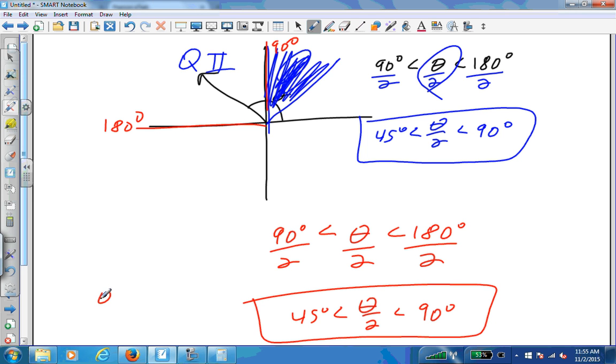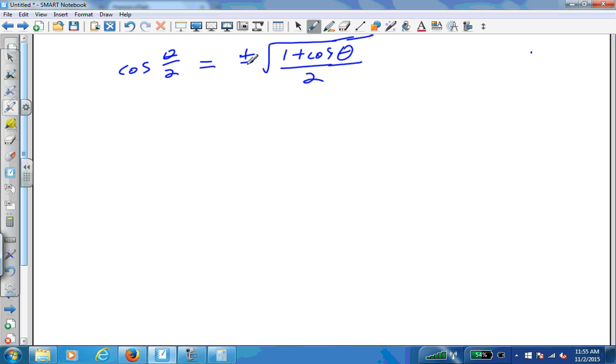What quadrant is theta over 2 going to be in? In which quadrant is 45 to 90 degrees? 1. 45 to 90, that's in the first quadrant. So in the first quadrant, is cosine positive or negative? Positive. So we're going to have to use the positive sign for our answer.